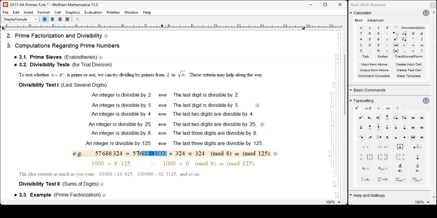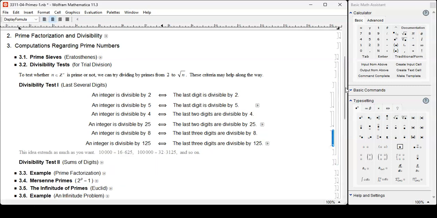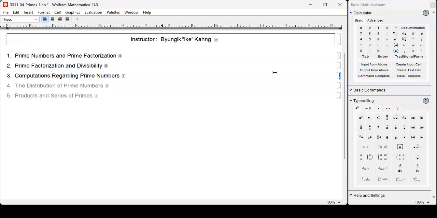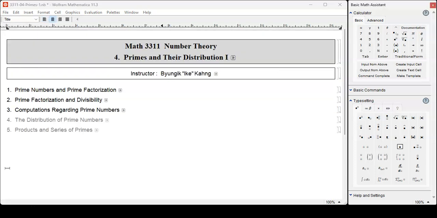So this part here is 0 modulo 8 or modulo 125. So what's left is just 3 digits. Those kinds of divisibility tests are going to be useful when testing for primes or whenever you're doing some trial division without a calculator. Let's come back and discuss a little bit harder aspects of this divisibility test in a separate video.